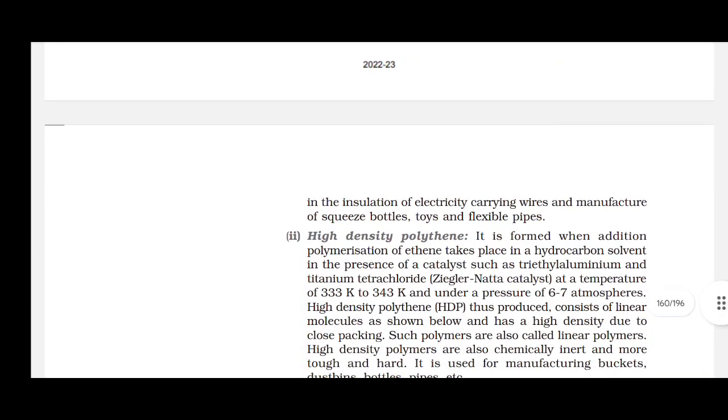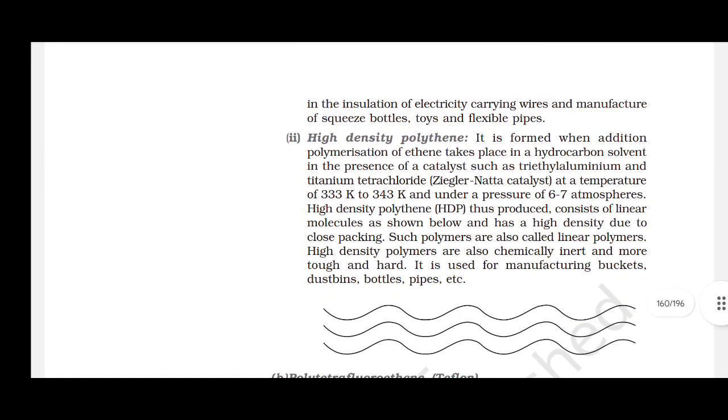High density polythene is formed when addition polymerization of ethene takes place in a hydrocarbon solvent in the presence of a catalyst such as triethyl aluminum and titanium tetrachloride, Ziegler-Natta catalyst, at a temperature of 333 Kelvin to 343 Kelvin and under a pressure of 6 to 7 atmosphere.